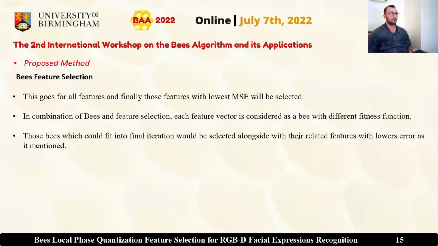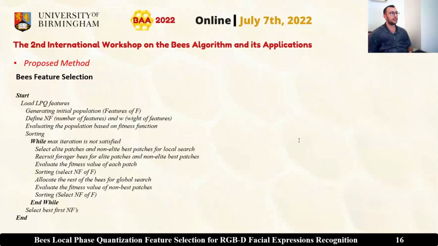In combination with this feature selection, each feature vector is considered as a bee with a different fitness function. Those bees which could fit into the final iteration will be selected alongside their related features with the lowest error, as mentioned. Here we can see the pseudocode of this feature selection. I'm not going to explain it in too much detail. It starts with LPQ features, population generation, the fitness function, and the weights of each feature.